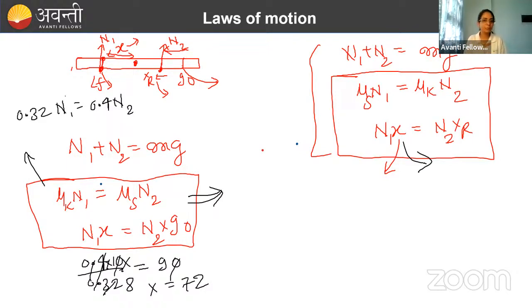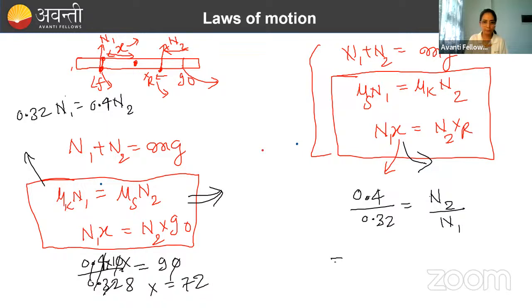Now we can easily put the values here. So mu S N1. Mu S is how much? Mu S is your 0.4 by 0.32, will be equal to how much? N2 by N1. Done? Have I written it correctly?